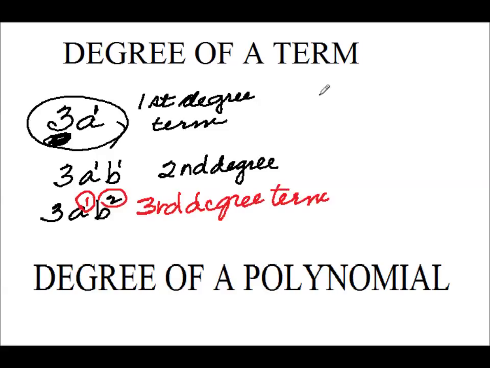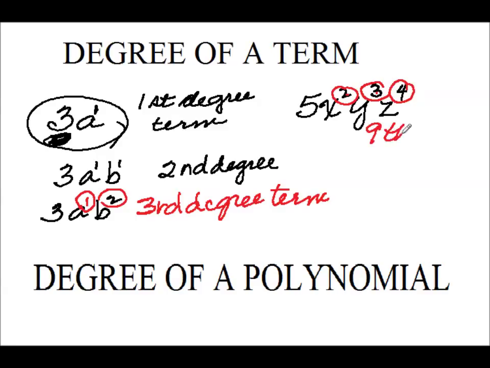What about 5x squared y cubed z to the 4th? How bad is this? You don't do anything with the coefficient. He's just the number out in front. You want to see how bad is this term. You add up the exponents. So we're going to say 2 plus 3 plus 4. 2, 3 is 5, and 4. This is a 9th degree term.